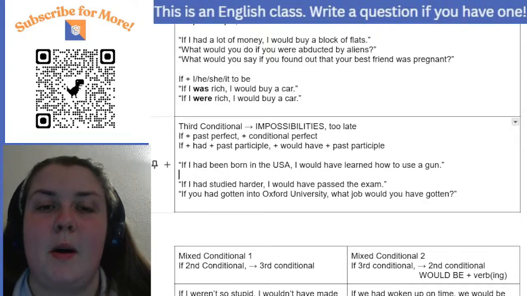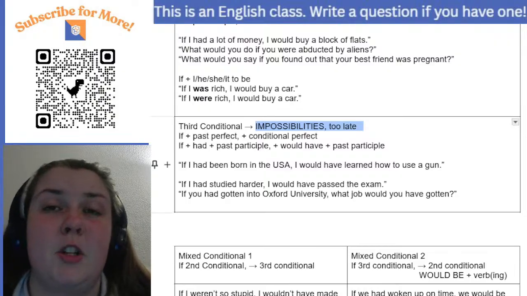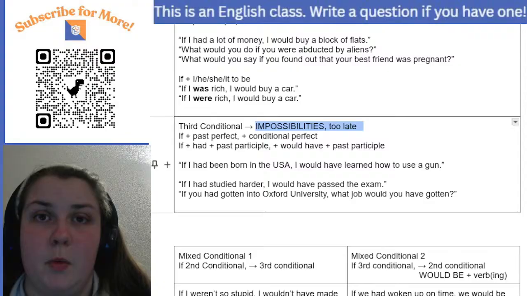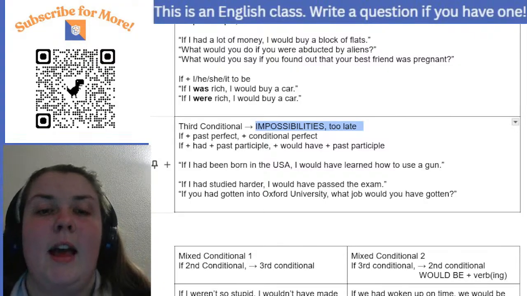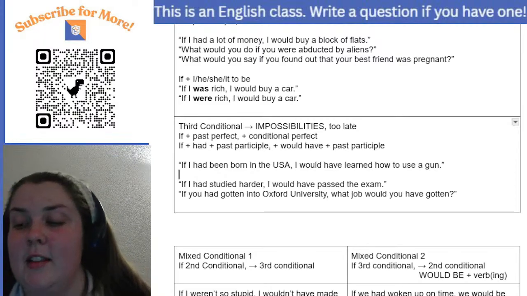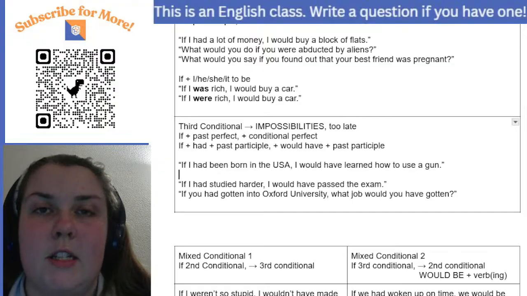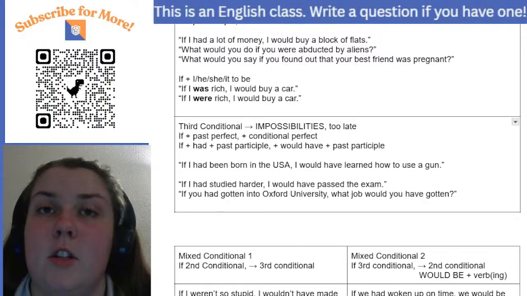We talked about impossibilities earlier. The third conditional is used to describe situations that are completely impossible, and this is an example of one of those. If I had been born in the USA, I would have learned how to use a gun. Well, that's just because it's possible in the US to learn how to use a gun.